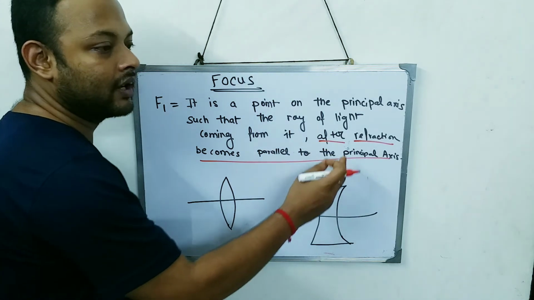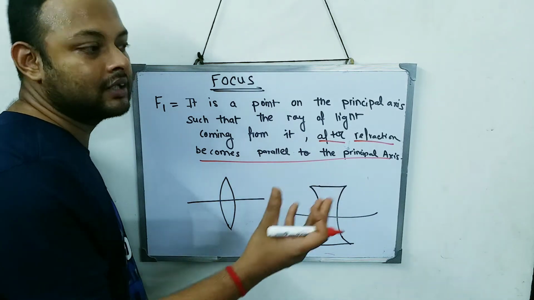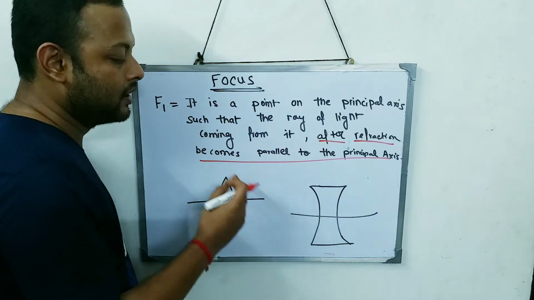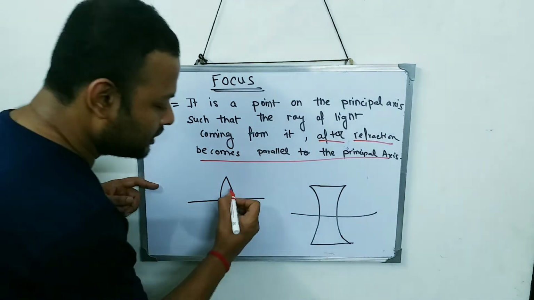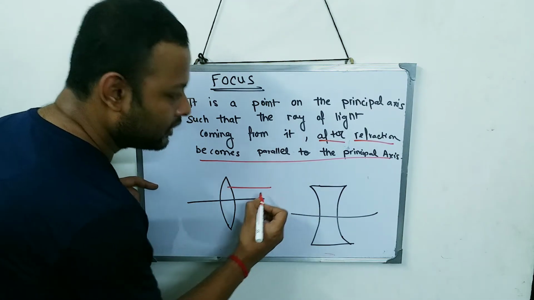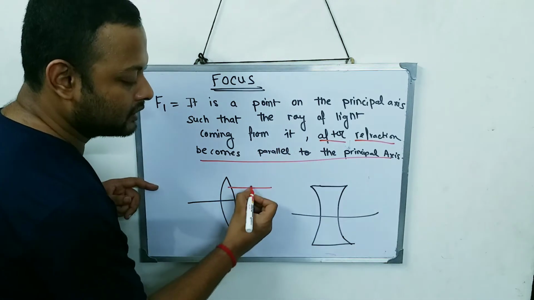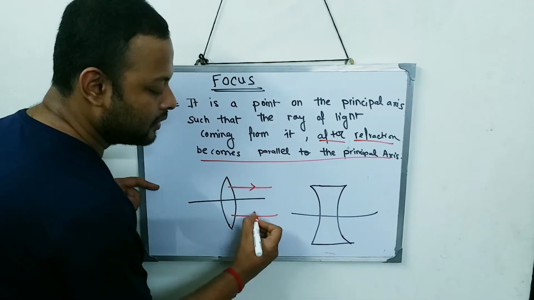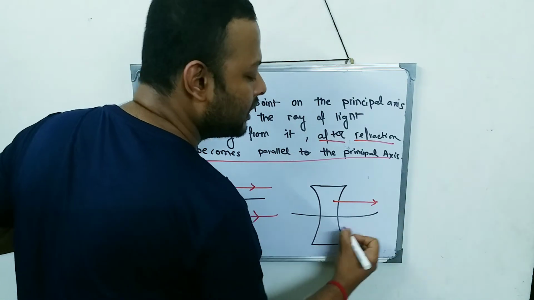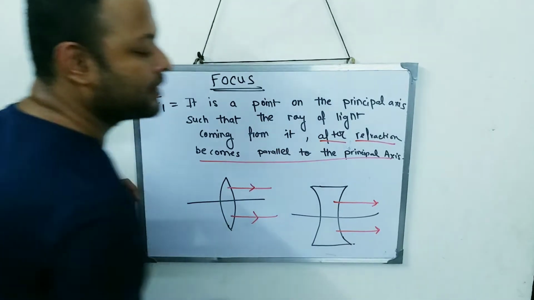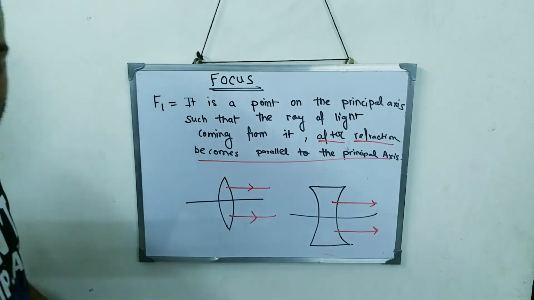So the emergent rays become parallel to the principal axis. You can see these rays are parallel to the principal axis. Over here also, these rays are parallel to the principal axis.